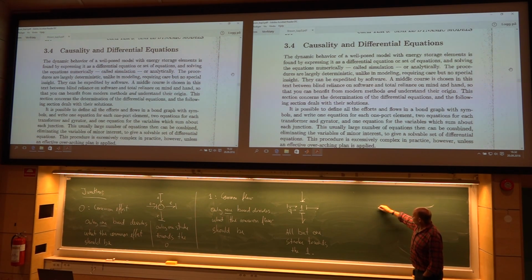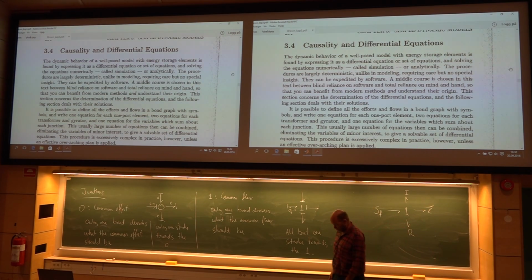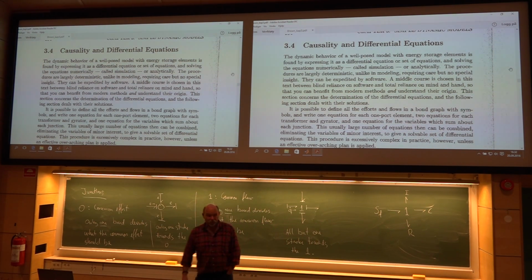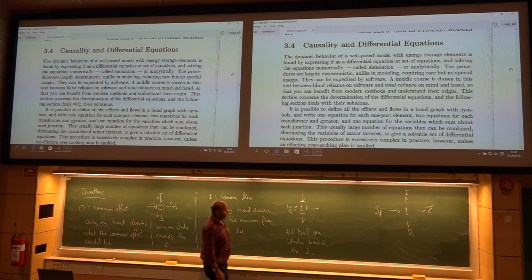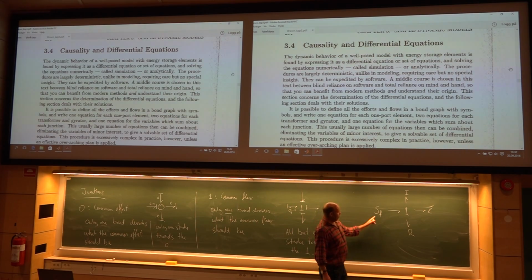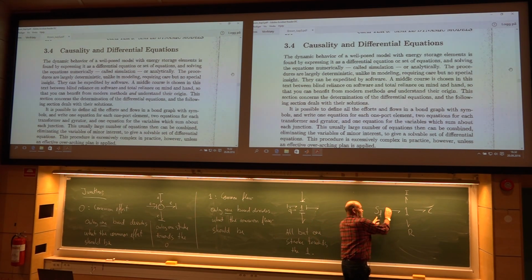Say you have a flow source like this hitting a one junction, and this one junction has a mass and a spring and a resistance, something like that. Check the causality here. Well, from the source, that is the flow source, then the stroke has to be here. It's this flow from the source that's attacking this one junction.